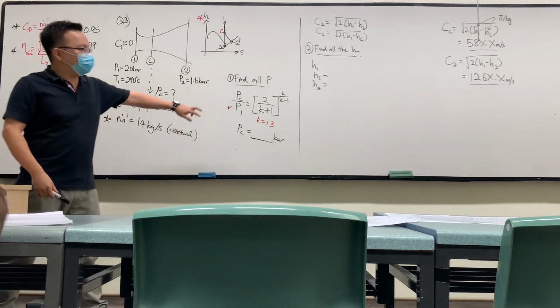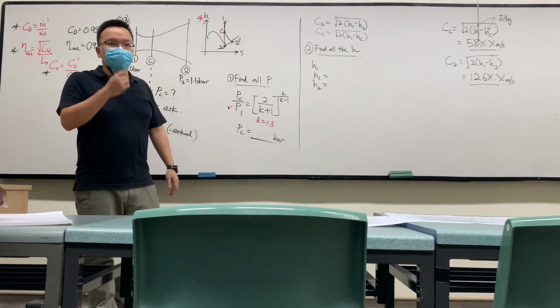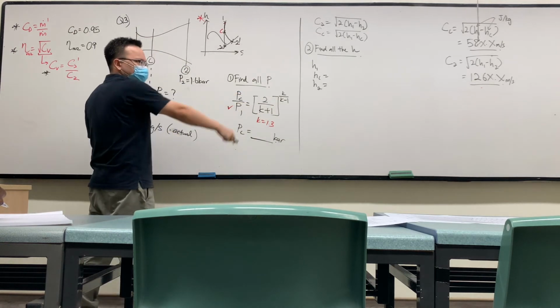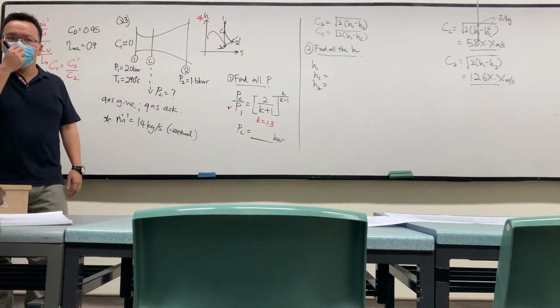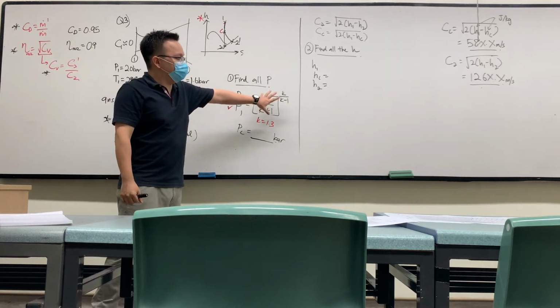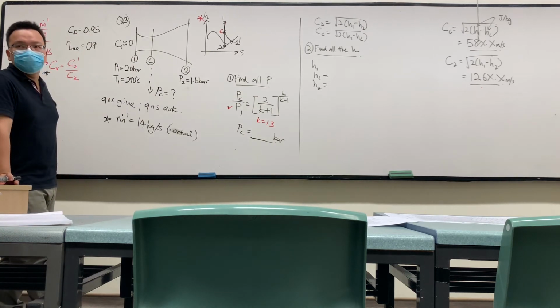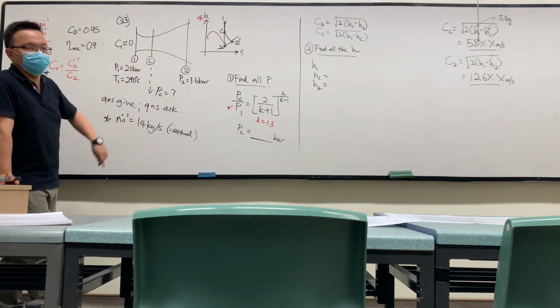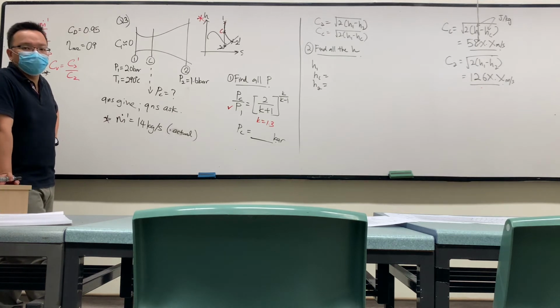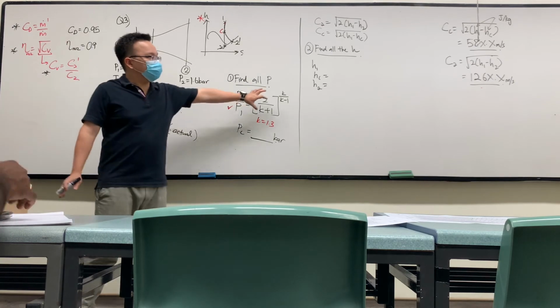So if you want to memorize, it's 0.54, something. Every time you calculate with 1.2, 1.3, it's always the same value, so you don't have to keep redoing this part over and over again.